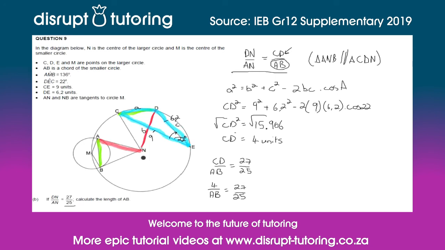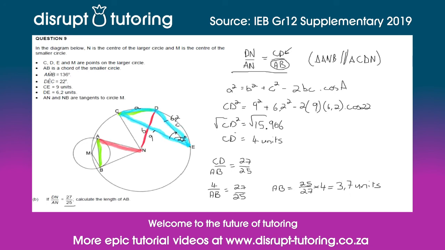Do some algebra, so AB then should equal 25 over 27 times 4, which I get to be 3,7 units.